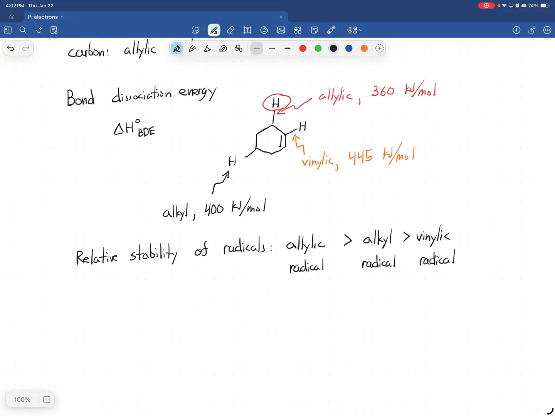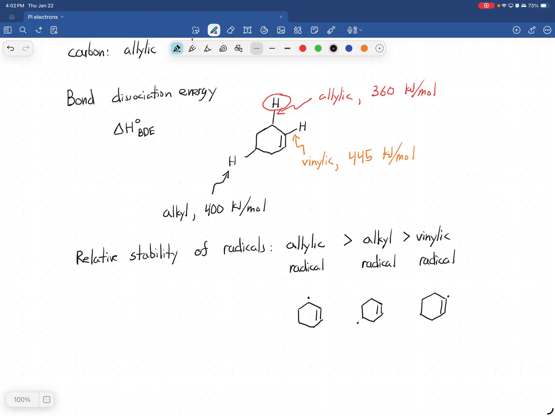Imagine we're comparing the stabilities of these three radicals: this one, this one, versus this one. Those are the three radicals we're comparing.